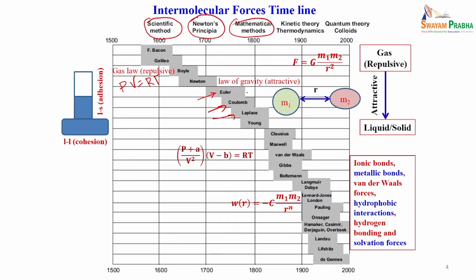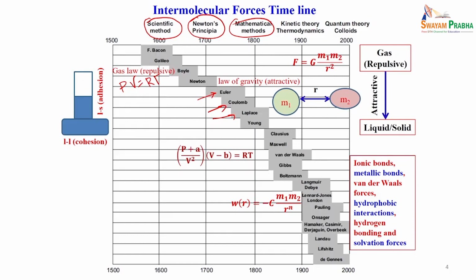Followed by this, in the 19th century we had very good breakthroughs starting from Young, then Clausius, Maxwell, Van der Waals, Gibbs, Boltzmann. They derived basically the kinetic theory as well as thermodynamics to understand how these intermolecular forces affect the behavior of a system.